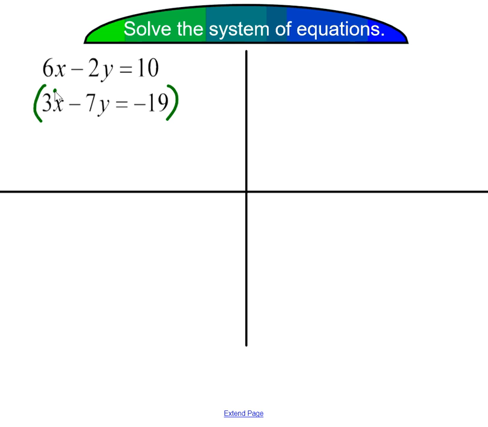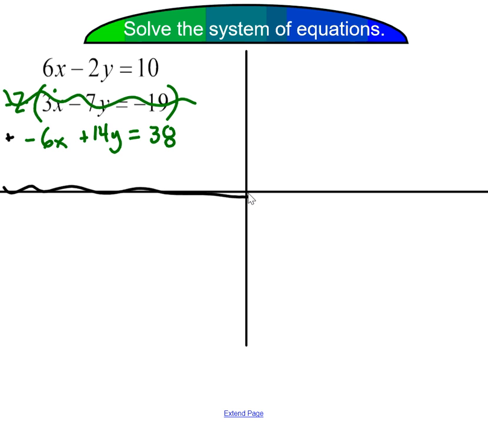I want it to be a negative 6. So negative 2 is what I would multiply that equation by. So I get negative 6x plus 14y equals 38. And I no longer need my middle equation, so I cross it off. From here, I add the 2 up, and I'm good to go.